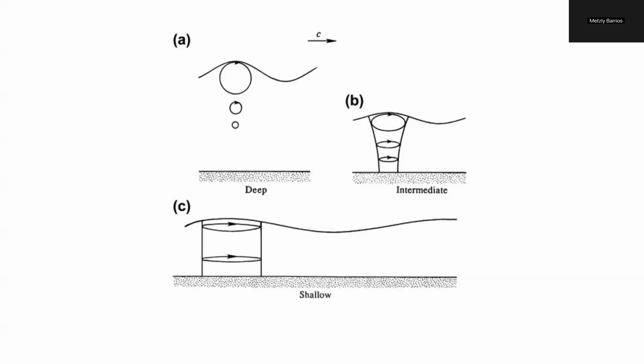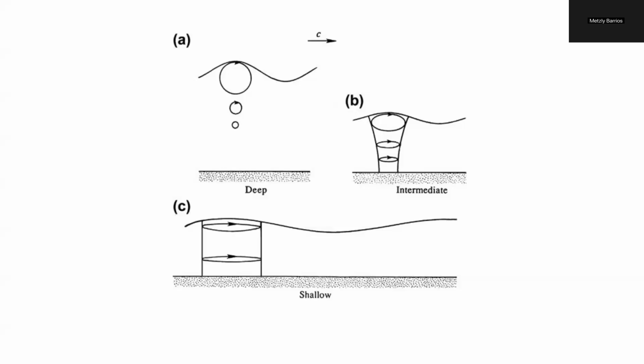Okay. So for the deep approximation, tanh of x is approximately equal to 1 when x is much bigger than 1. The shallow approximation, tanh of x is approximately x.